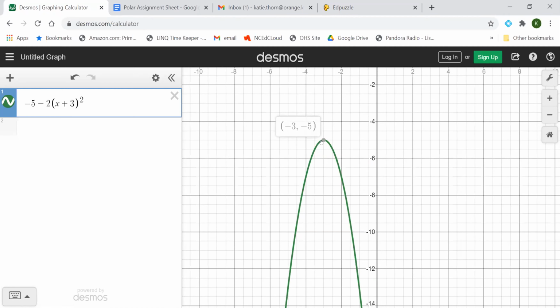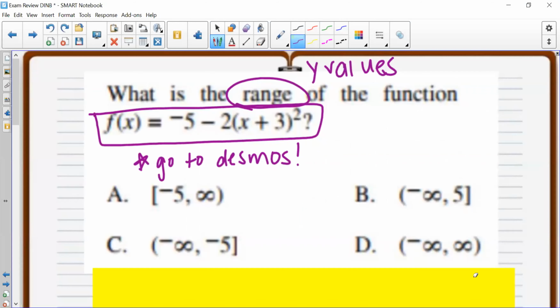Remember, range is y values. That point, the y value is -5. So when we go to write the range, the highest point comes second, the lowest point comes first. If your graph is pointed towards negative infinity, that will always be the first thing you see.